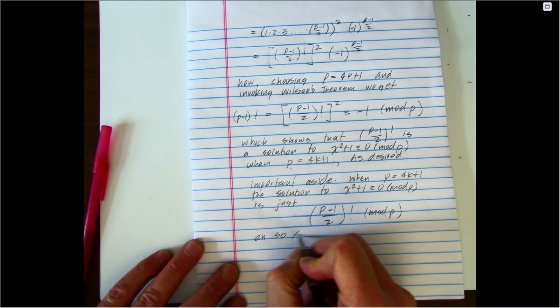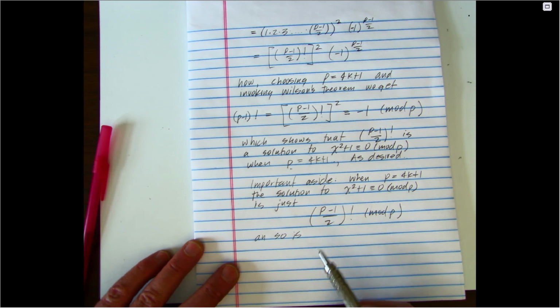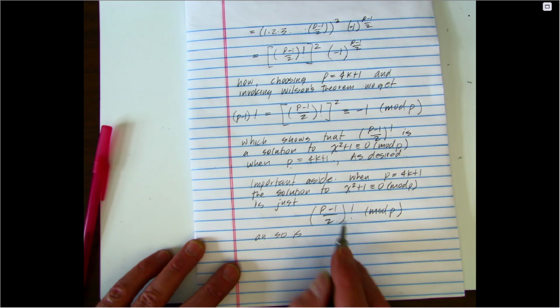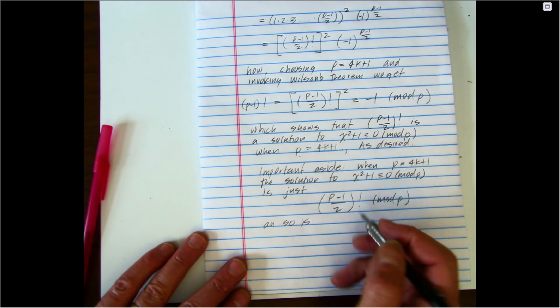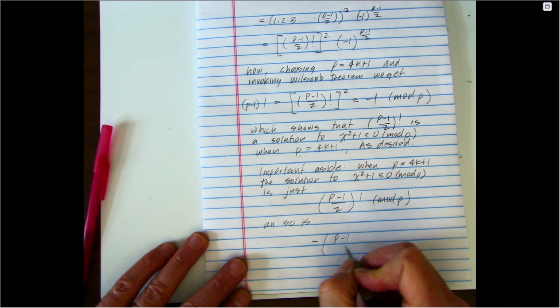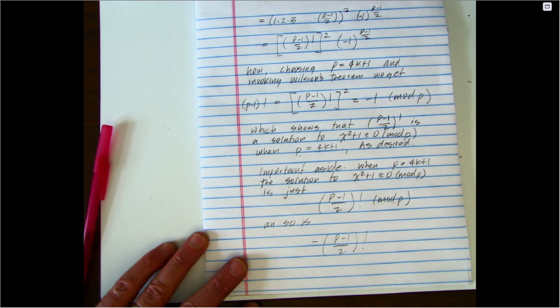And if it's a solution, can you think of what the other one will be? Every quadratic we usually think of as having two solutions. If we think of this as a positive number, then we could just take its negative value and it would also be a solution, because we're squaring and the negative would go away. So it is negative p minus 1 over 2 factorial mod p.